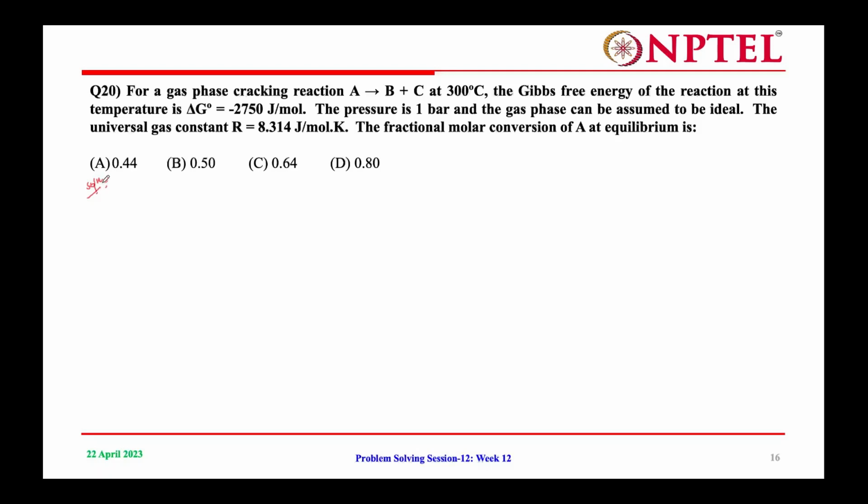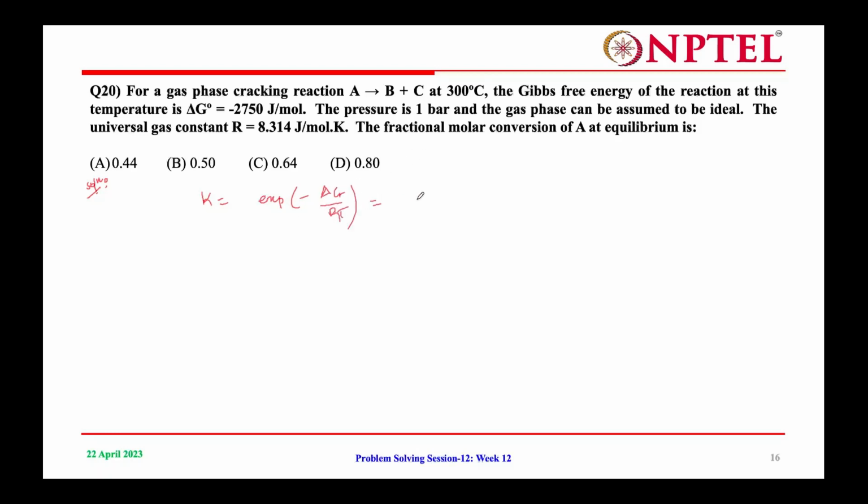So in this question, we have to use the same concept as the previous questions. First, delta G is given, and temperature and pressure are given. So first calculate the equilibrium constant K equal to exp of minus delta G by RT.